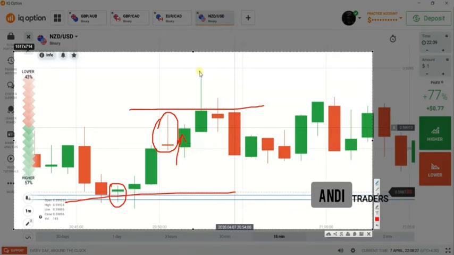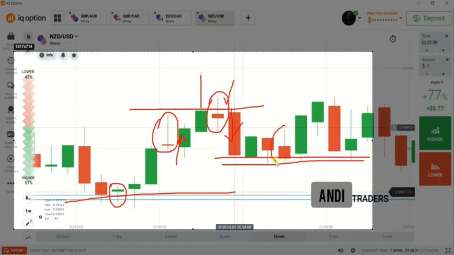You can see here a shooting star, it reversed the market. Again a doji candle, it reversed the market. Again here we have a support level. Again here you can see an inverted hammer, it reversed the market. Again an inverted hammer, it reversed the market.